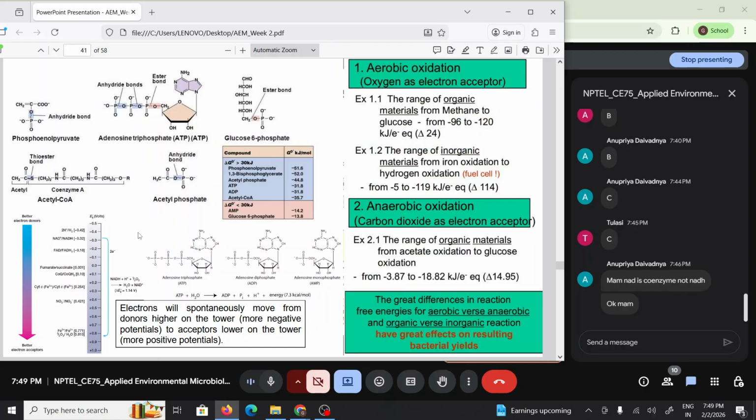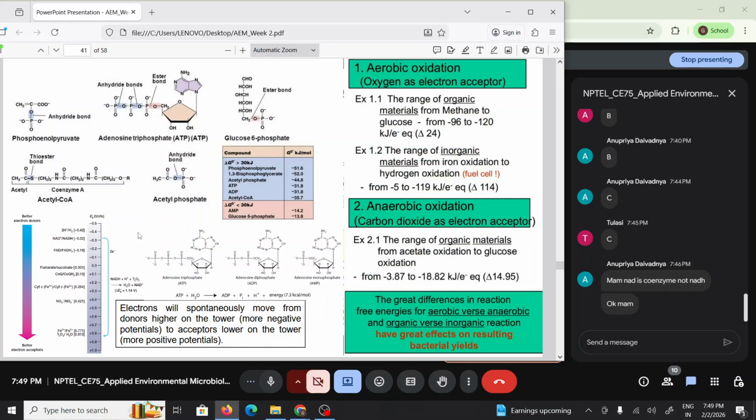We also saw one more statement previously in one question about aerobic oxidation, that it generates around 32 ATPs. All these concepts are interrelated, and in one of the future lectures we'll see this in detail as well. So for now, you have to know that there is a concept called the electron tower, in which there is spontaneous flow of electrons from the top to the bottom.